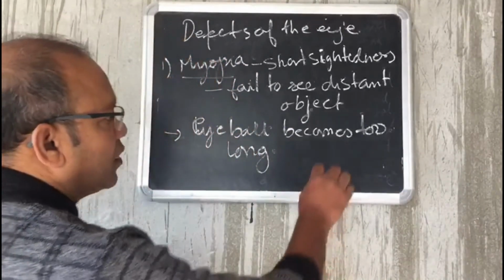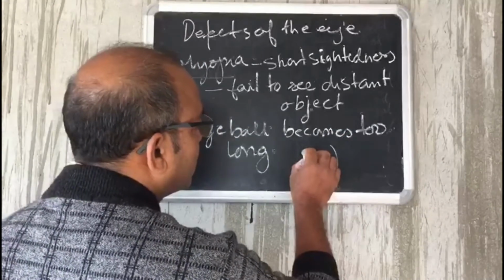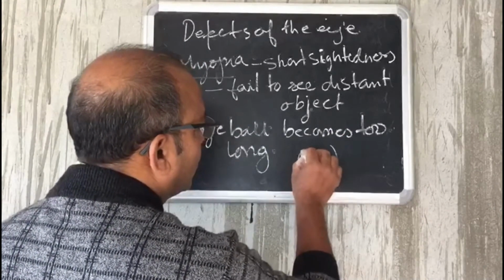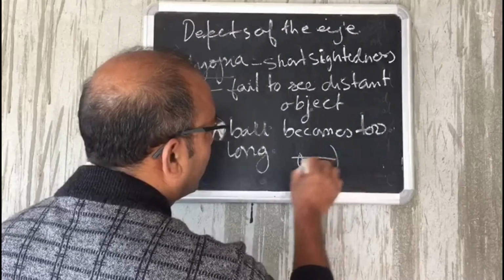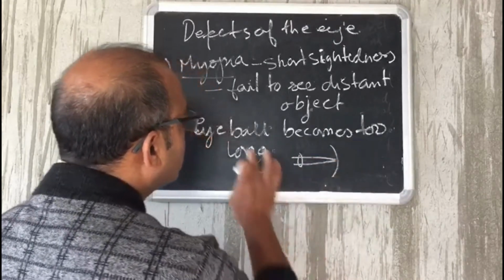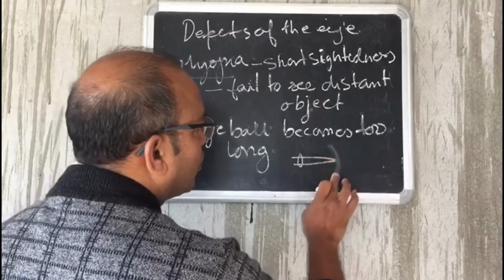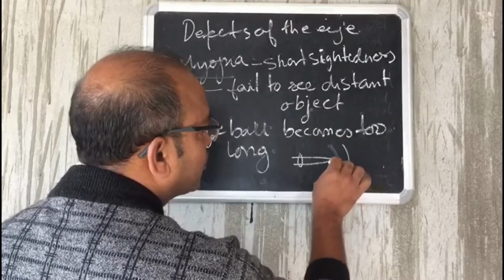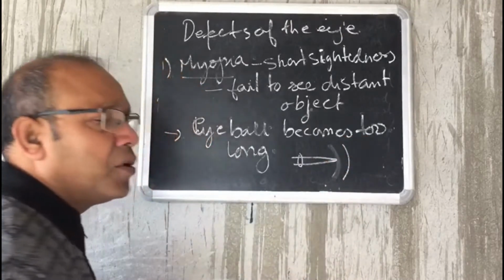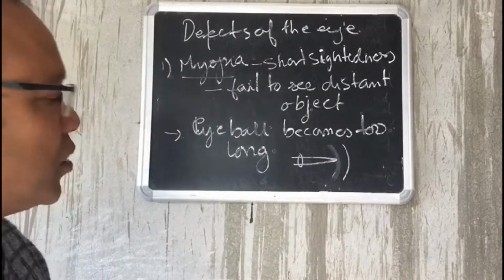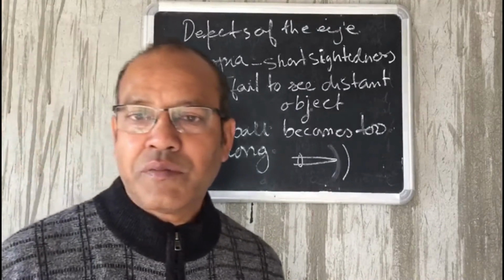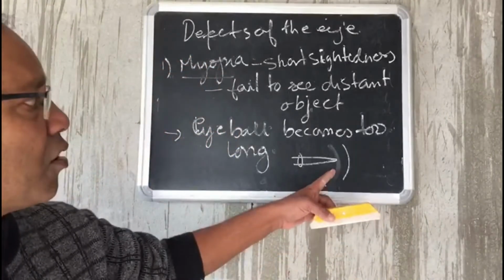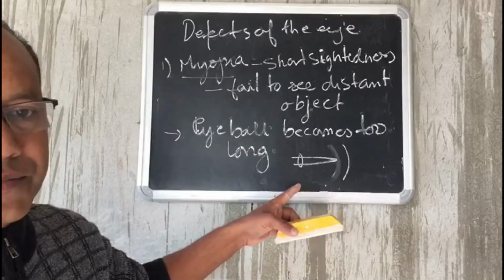The image should be formed on the retina. Now, because when the eyeball becomes too long, the retina is pushed back and the image is formed before the retina. The important feature here you need to remember is the image is formed before the retina.